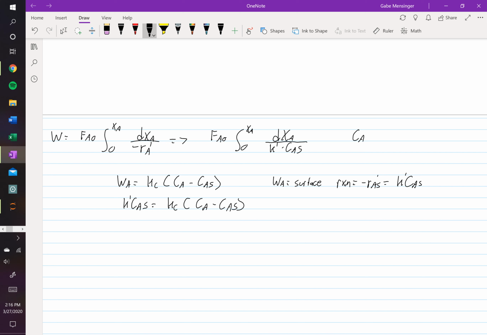And from here, we can solve for CAS fairly easily. So we'll end up with CAS is equal to KC times CA over KC plus K prime.